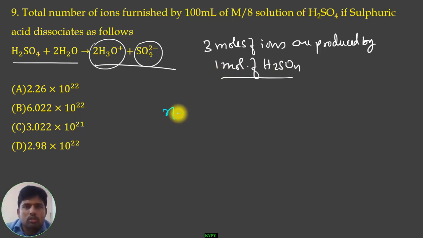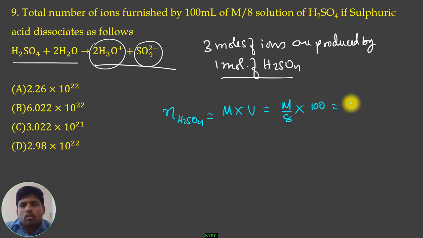So number of moles of H₂SO4 available is equal to molarity into volume, that is M by 8, that means it's 1 by 8 into 100. So it's like 25 by 2 millimoles.